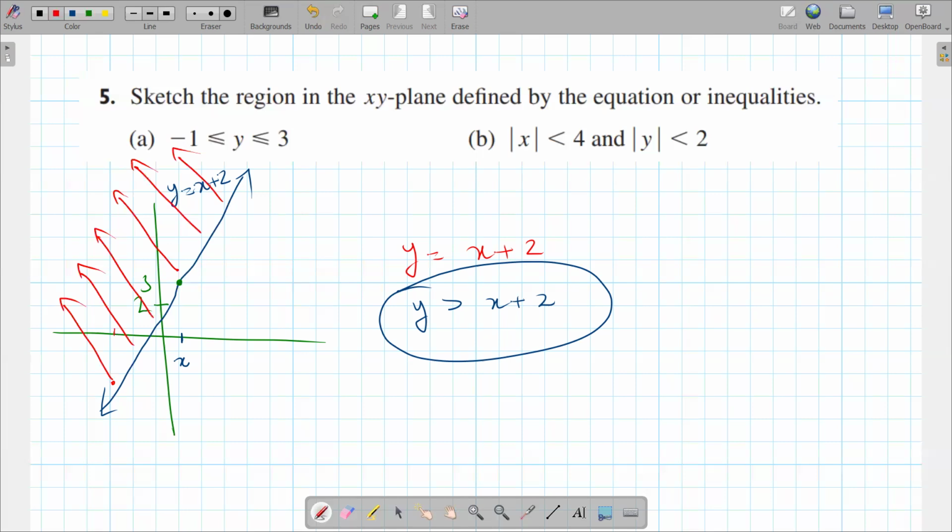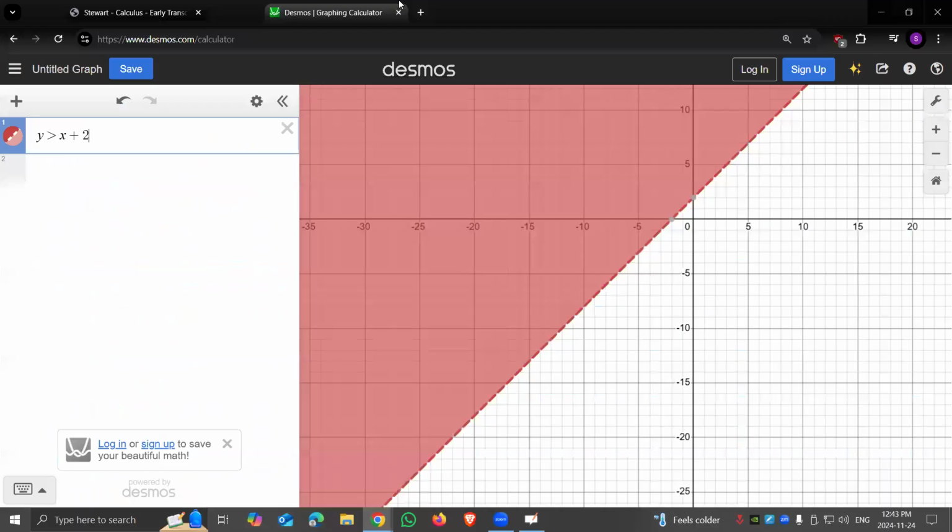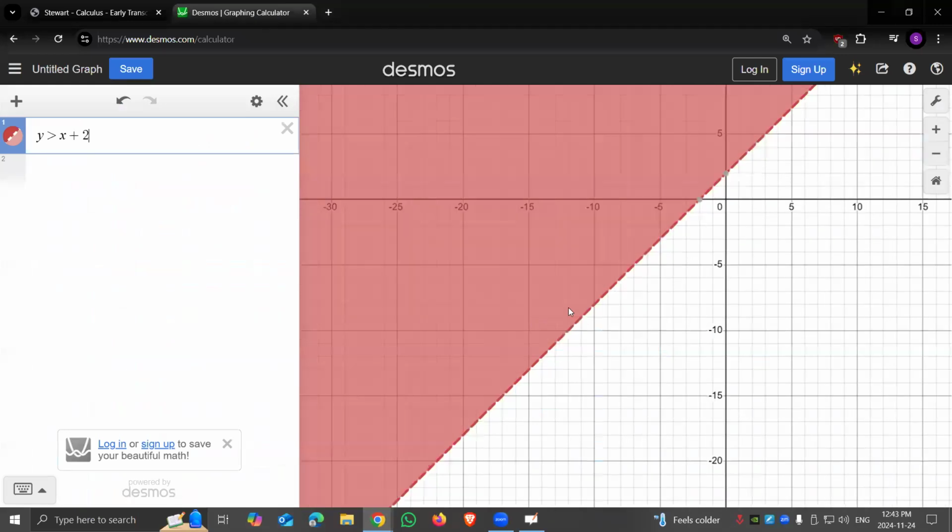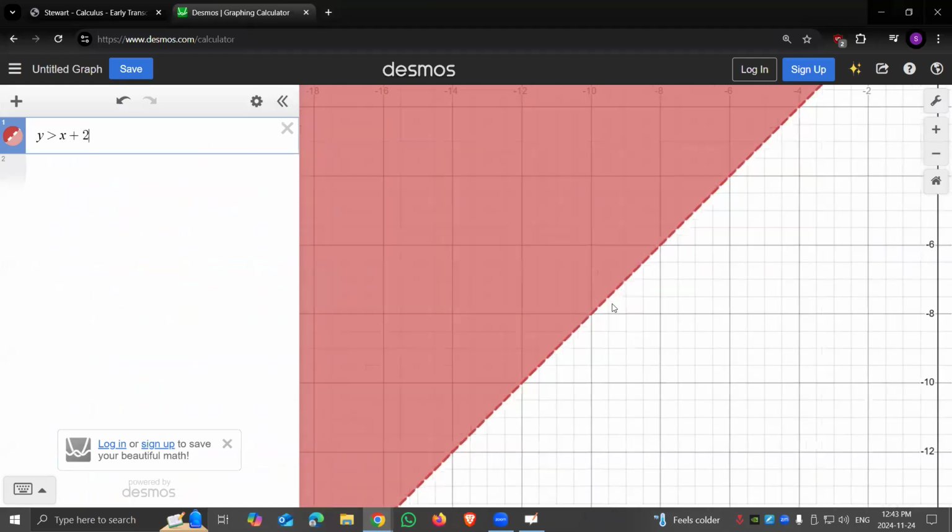If it said less than x plus 2, then what would you do? You'll go in the opposite direction. So I just want to make something clear here. There's a dashed line here. That dashed line is the equation of the original y equals x plus 2. And it's dashed because it's not inclusive.